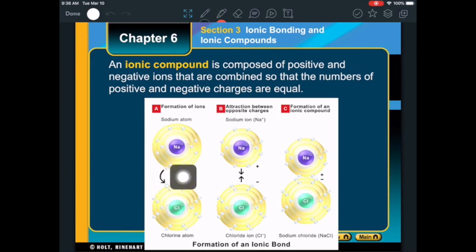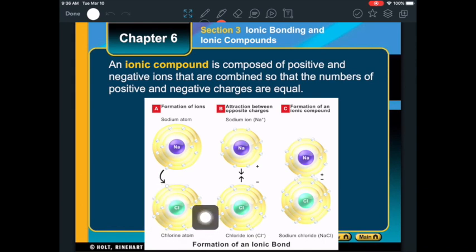So as you can see here in sodium, if you look at its valence shell, it has one electron on its valence shell. If it just loses this one electron, it'll be nice and happy and stable because it'll have 8 electrons on its valence shell, which is a state that all atoms want to be in. And if you look at chlorine here, he has 7 electrons on his valence shell.